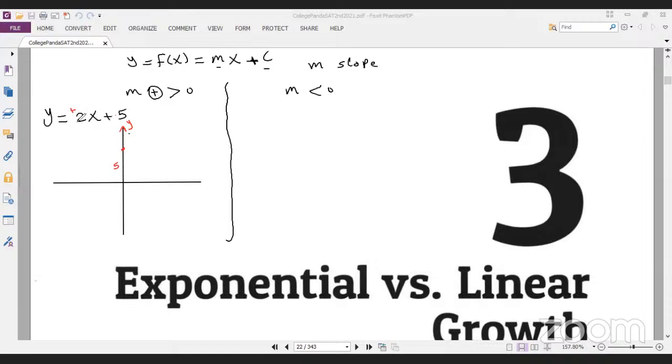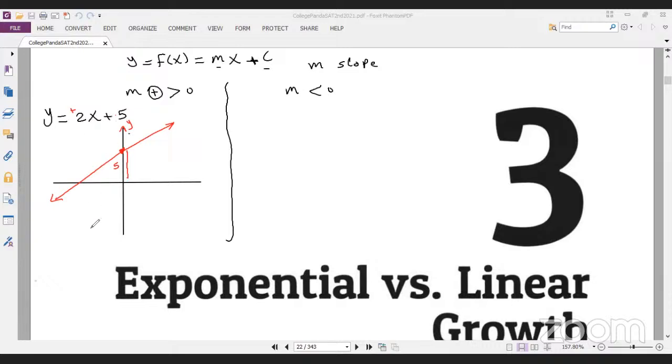The slope is positive, which means the line slopes, or gradient, to the right like this. No need to draw, just recognize any graph that looks like this. Any question, please ask in the chat. Here 2 is the slope and the intercept from the y-axis is 5.